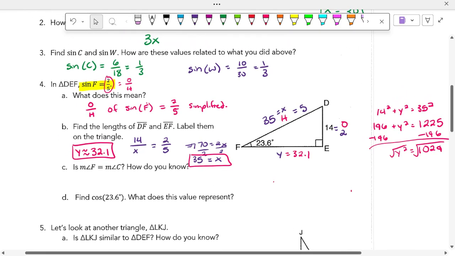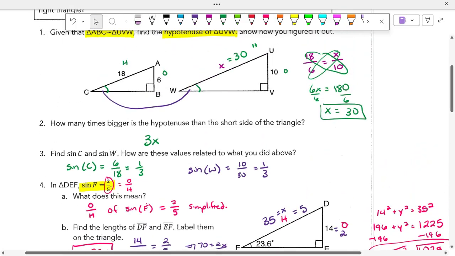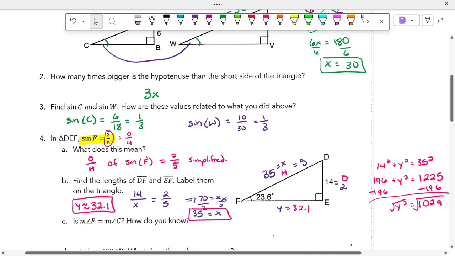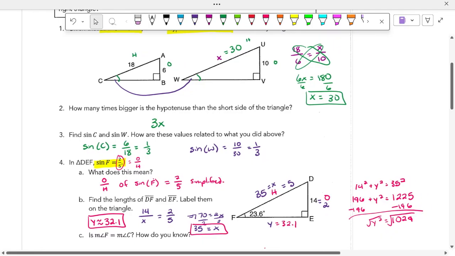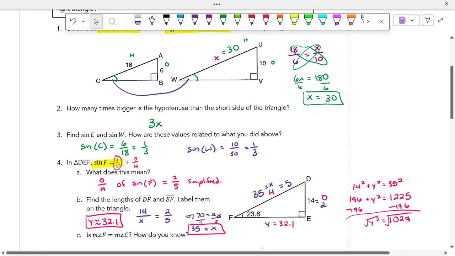Now, why is angle F congruent to angle C? And how do you know? So in other words, why would angle C, the one up here, be congruent to this angle F?